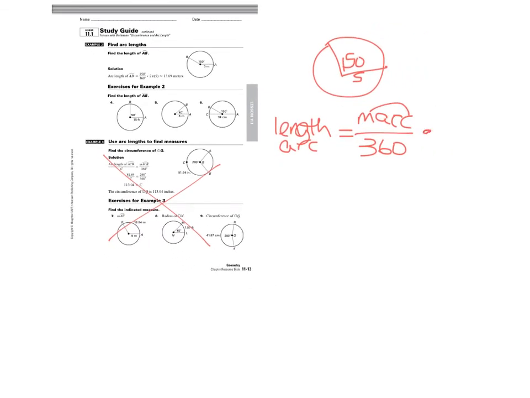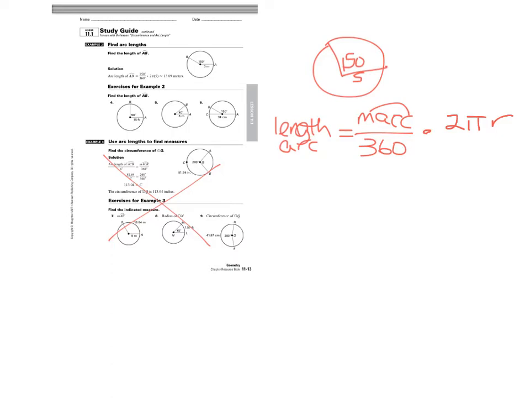So in this case, they gave me a radius, so I'm going to use 2 pi r. In this type of question, you're just simplifying the fraction and leaving it in terms of pi. So put it in simplest form.